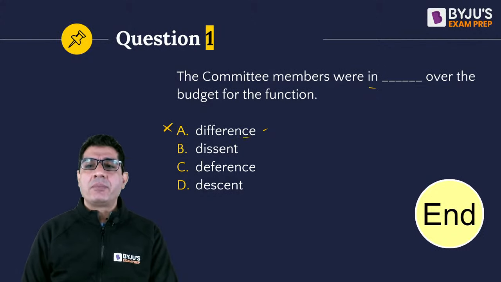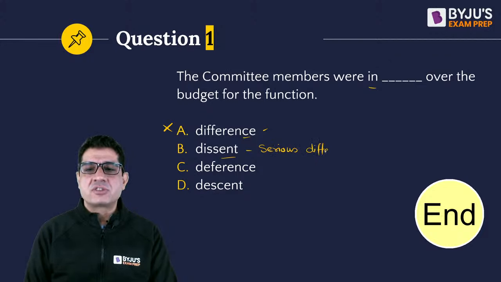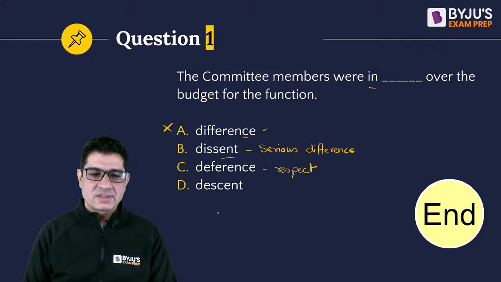No. The committee members were in dissent over the budget for the function. Okay, so dissent basically means when you have some serious difference. Then deference basically means respect, and descent is the act of coming down.